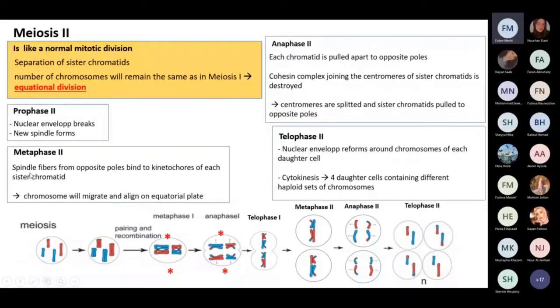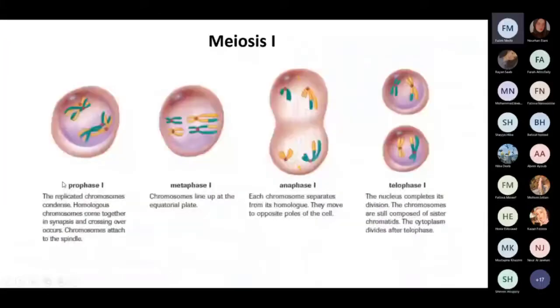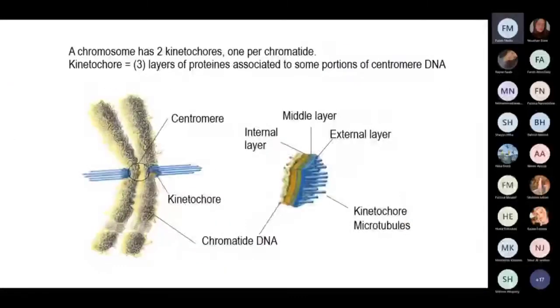Here we are seeing the spindle fibers from opposite poles bind to the kinetochore of each sister chromatid. Because look, we have kinetochores on each chromatid, okay? So now in meiosis 2, the kinetochores of each chromatid will bind to the microtubule spindle. In this way, whenever this microtubule spindle will contract, each chromatid will get separated to a pole.